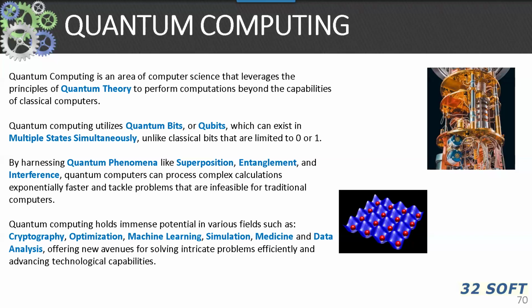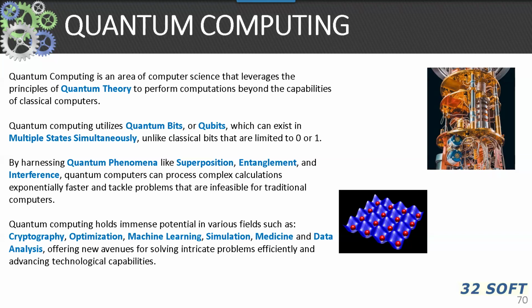By harnessing superposition, entanglement, and interference, quantum computers can process complex calculations exponentially faster and tackle problems that are infeasible for traditional computers. Think what this means for the supply chain.